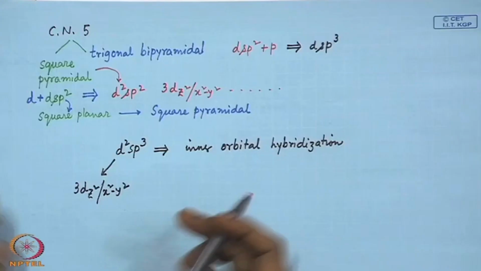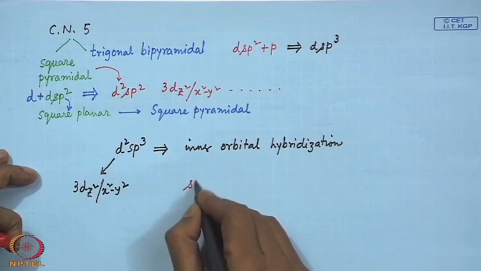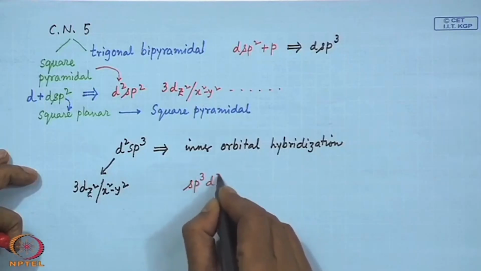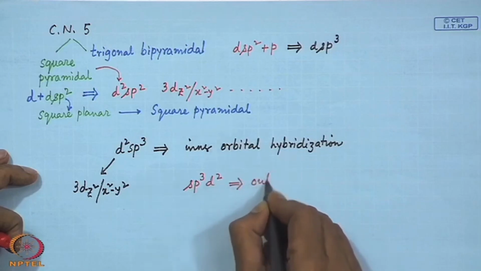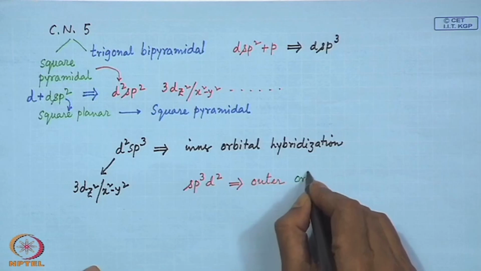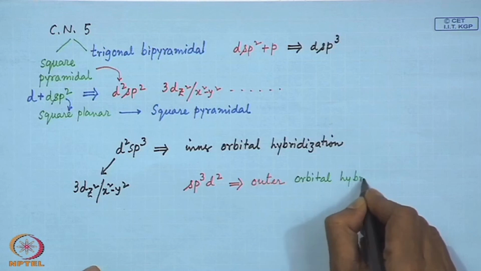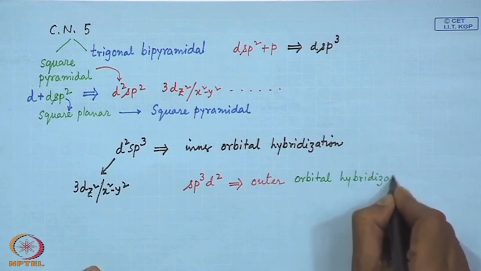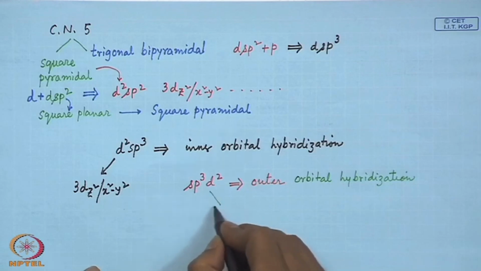In one case it is d2sp3, in another case it is sp3d2, which is our outer orbital hybridization scheme, and these use the 4d level.